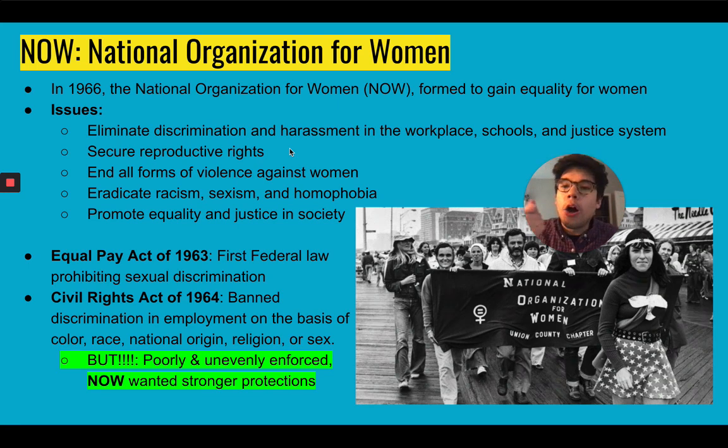They want to end all forms of violence against women. They're talking about domestic violence issues, right? They want stronger protections, stronger punishments for those who commit violence against women. And then in a bigger sense, they also want to eradicate racism, sexism, homophobia. They want to promote equality and justice in society.